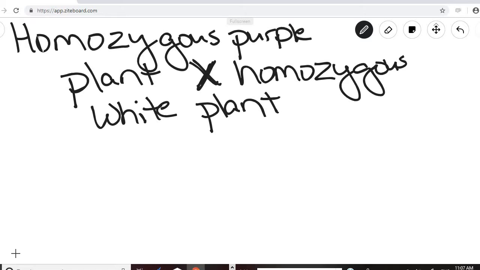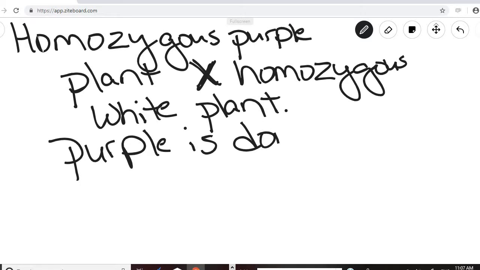And we want to know what the offspring will look like. The other bit of information that you need to know is that purple is dominant. So that's the information we have.